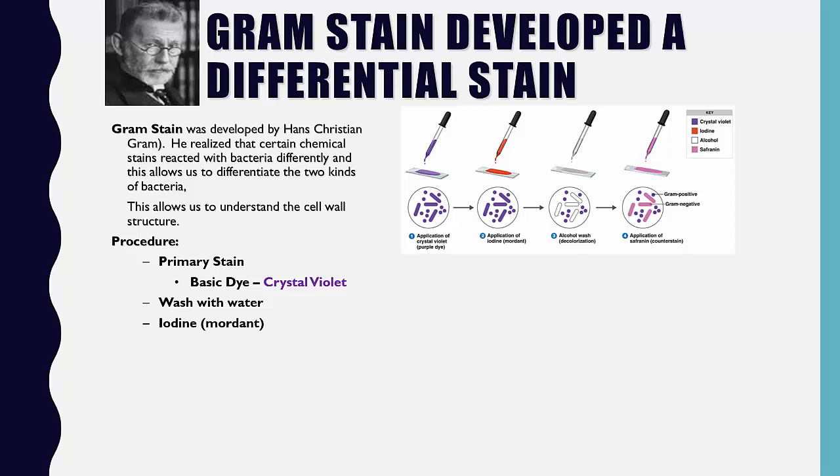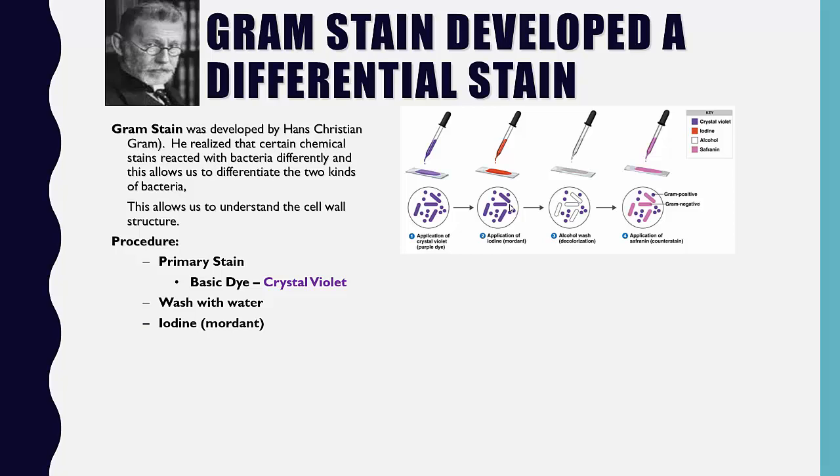But the next step is very unusual. We add iodine to the crystal violet. Now, this does something strange. Violet is like a purple color. What's with the crystal part? Well, once you add the iodine, the crystal violet crystals form. When they form, they lodge themselves in the peptidoglycan cell wall.